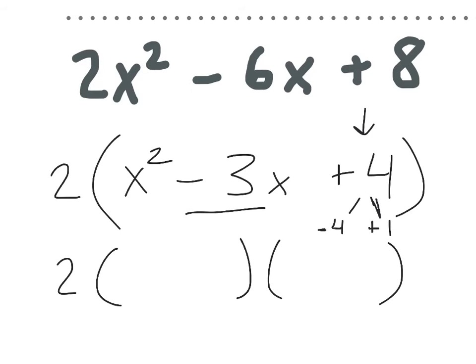So you need negative. The 1 can't be negative because they both have to be positive. What if you did 4 and minus? 1 and negative 4.